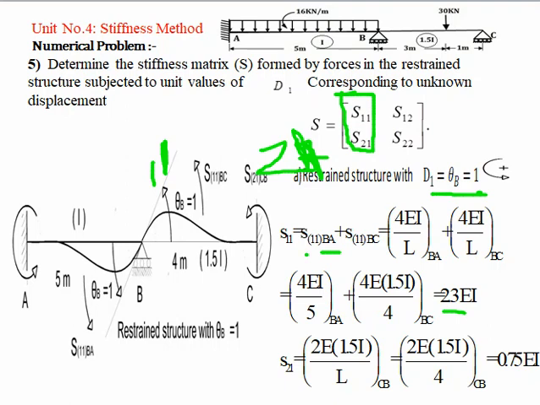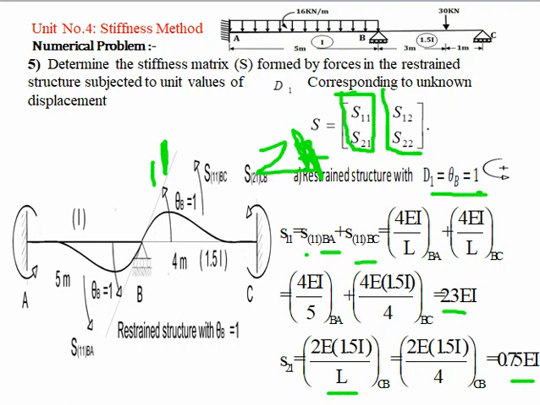There is rotation for both spans BA and BC, so you have to add the rotation occurred on both spans. Also S21 is the half rotation transferred toward the far end C, where our second unknown stands. That gives us 0.75 EI. So these two give us the first column of the matrix.